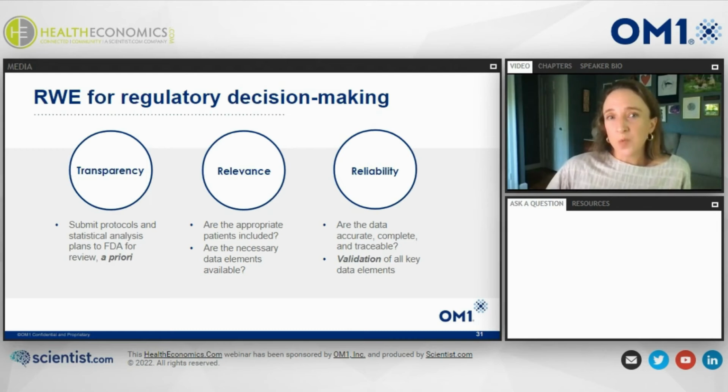So at OM1, we've had to develop some of these validation plans for RWD-based studies going to the FDA and have had to be very creative and resourceful in trying to identify other sources of quote-unquote validation or corroboration.